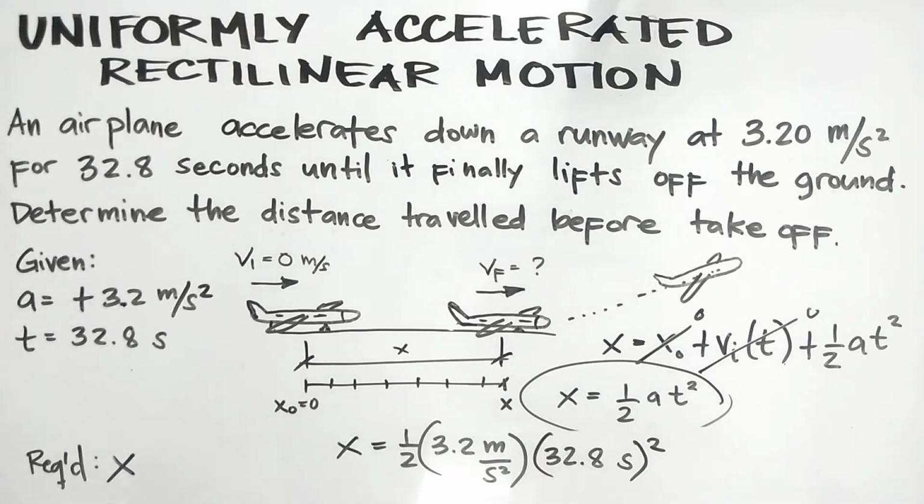The quantity is squared. For the units, second squared will just cancel with this unit second squared, leaving us with the unit in meters. So the distance traveled before it took off is 1/2 times 3.2 times 32.8. Don't forget that it is squared. 1721.344 meters. We have our answer for the problem.